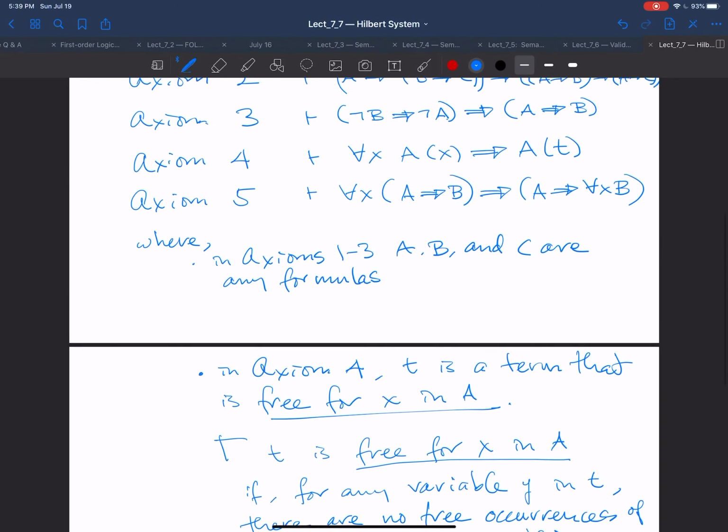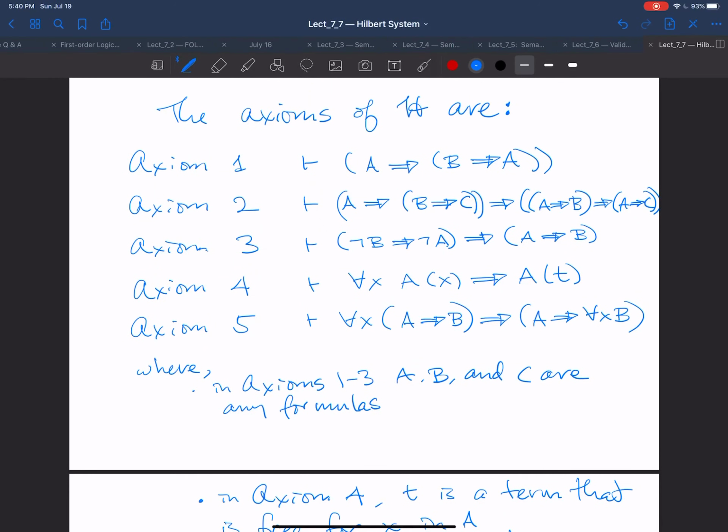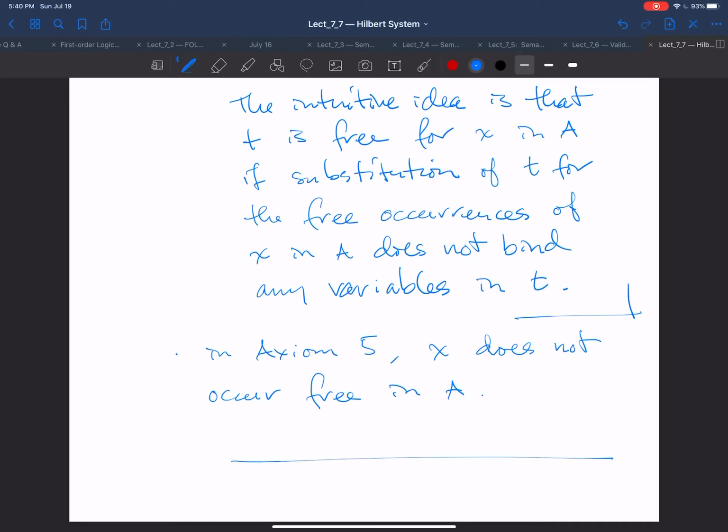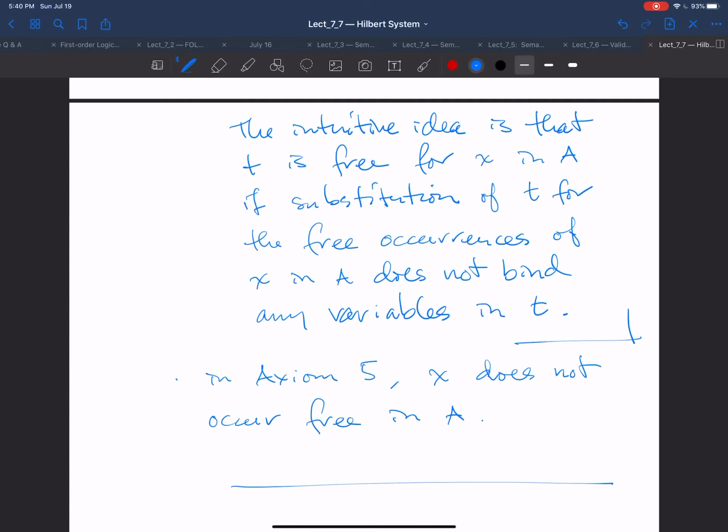Finally, axiom 5 also has a restriction: we assume that x does not occur free in A. So that completes the description of our axiom schemas for first-order logic.